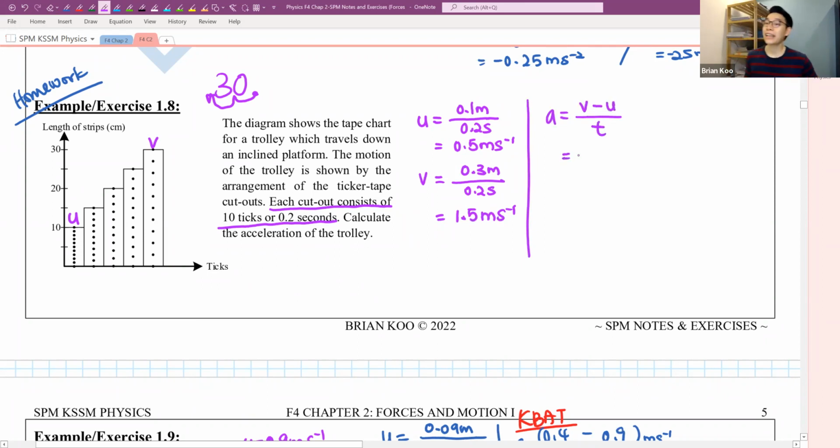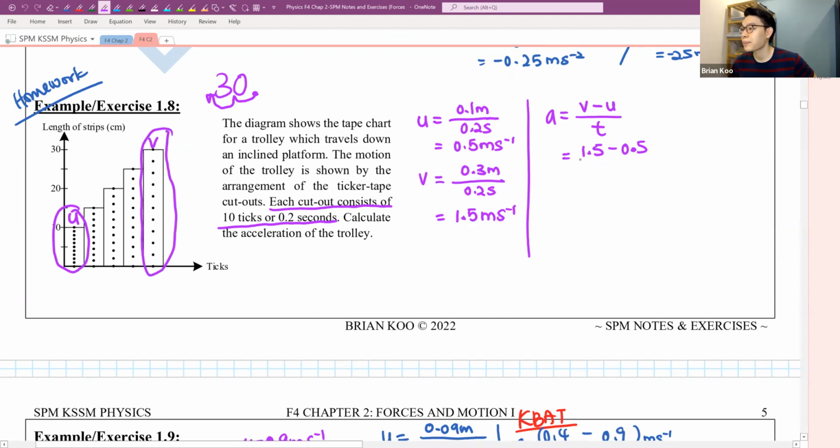Right. So the final velocity, 1.5, no issues. Initial velocity, 0.5. If you forget which one is U, which one is V, remember I told you, they go in alphabetical order. U comes first before V, therefore U is the one at the start, the initial one. Okay, V is the final one, right?